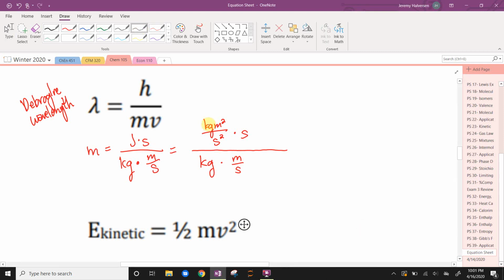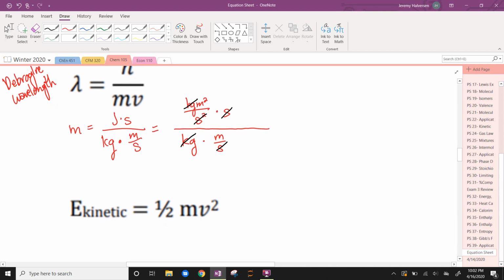Kilograms on the top and on the bottom cancel. Then I have seconds here on top, and this seconds, which is on the bottom of the bottom, which is like being on the top. Those are going to cancel out this, because being on the bottom of the top is like being on the bottom. Then I've got meters squared on top and meters on bottom, so we cancel out one of those, and then we're left with just meters.